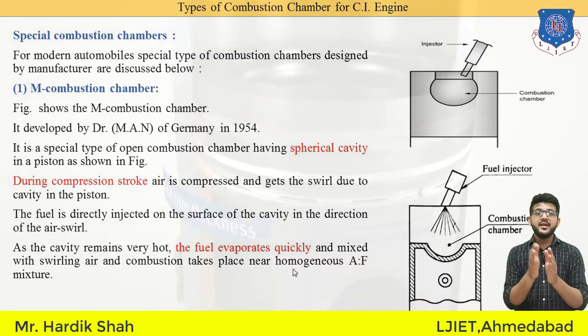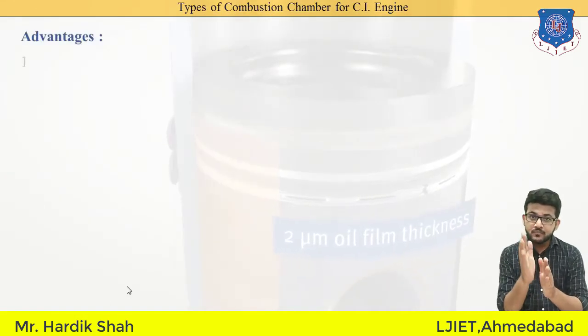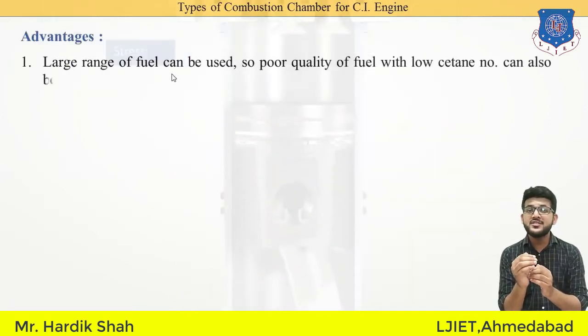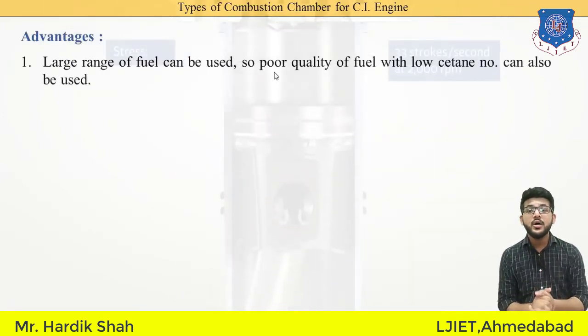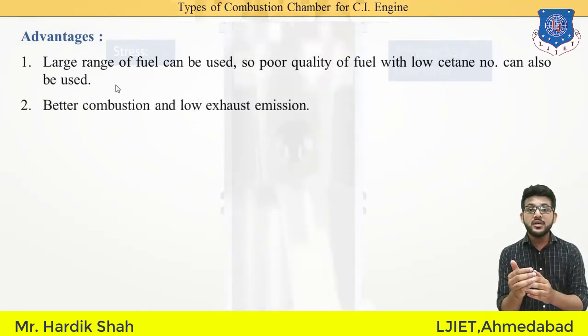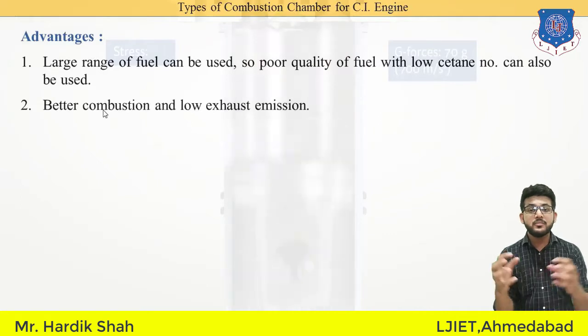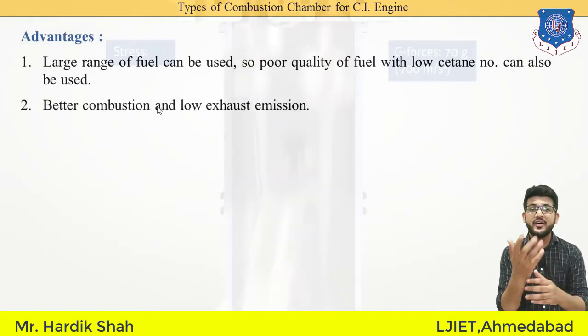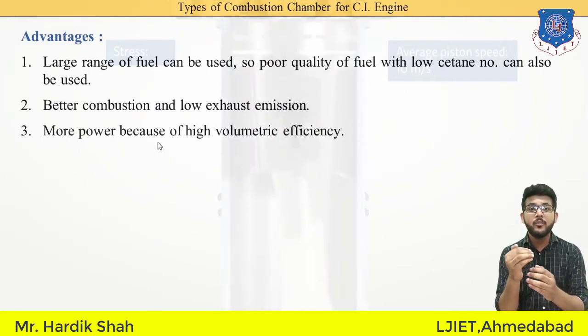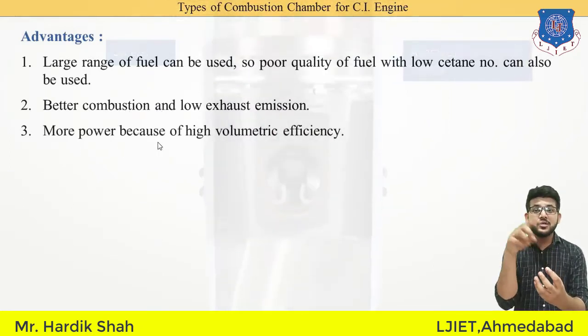So what are the advantages of this combustion chamber? A large range of fuels can be used. Poor quality fuel which has a lower cetane number can also be used in this M type combustion chamber. Thereafter, better combustion and low exhaust emission because mixing is very good. Thereafter, more power because of the high volumetric efficiency, because swirling is inside the cavity.